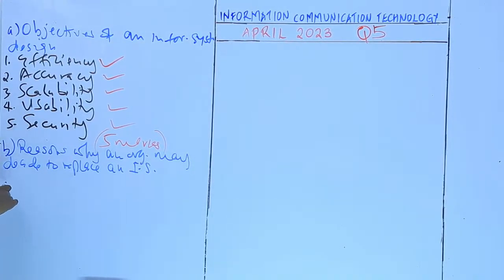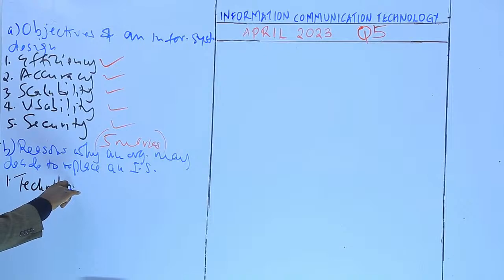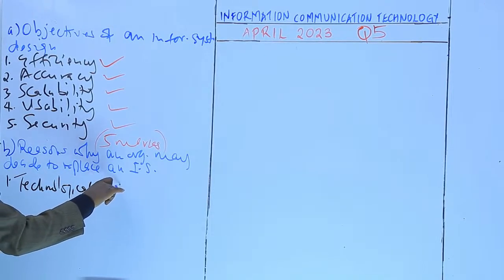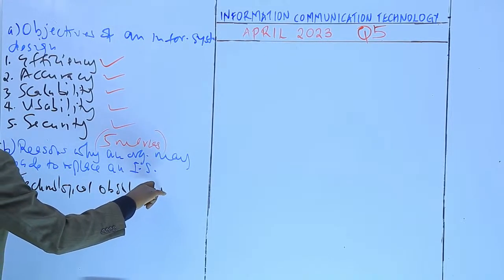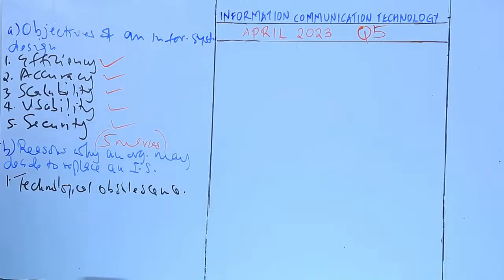1 is technological obsolescence. The existing information system may become outdated.